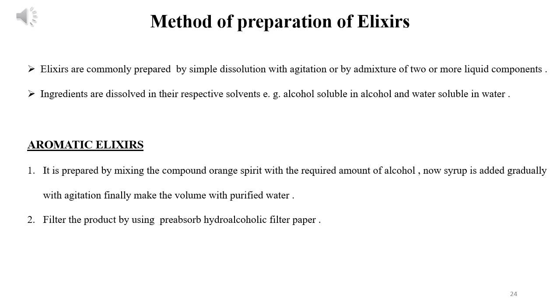It's a very simple process, as you can see in the first point. The second point is to filter the product by pre-absorbed hydroalcoholic filter paper, meaning we take filter paper and soak it in the hydroalcoholic solution, and this pre-absorbed filter paper is used for filtration of the formulation prepared in the first point. So it's clear.